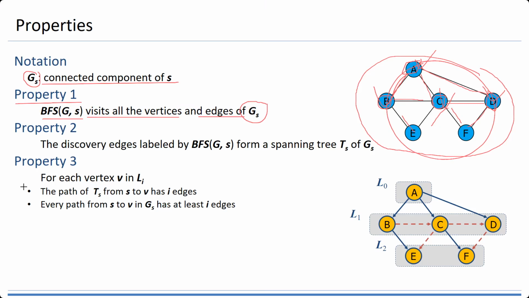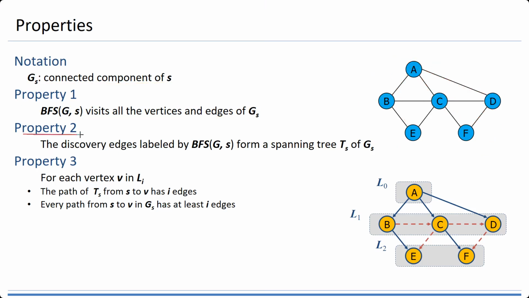And property number 2, the discovery edges labeled by BFS of G, S form a spanning tree. So TS is the spanning tree of GS. So L0 is a kind of level.